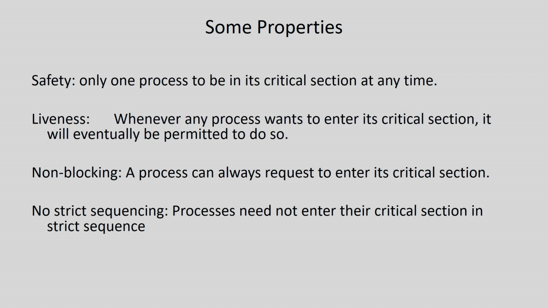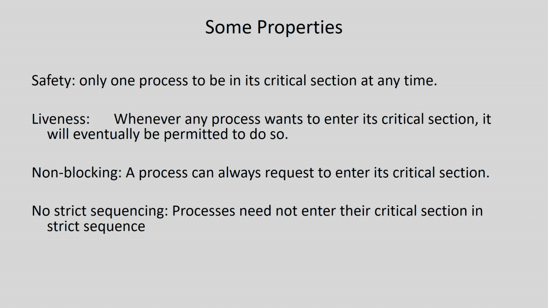First one is called safety. What does the safety property say? Only one process can be in its critical section at any time. Already I have said that two processes should not enter the critical section at the same time. So, we have to ensure safety. Similarly, the second one is liveness.